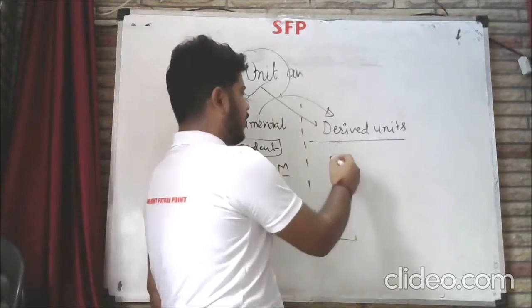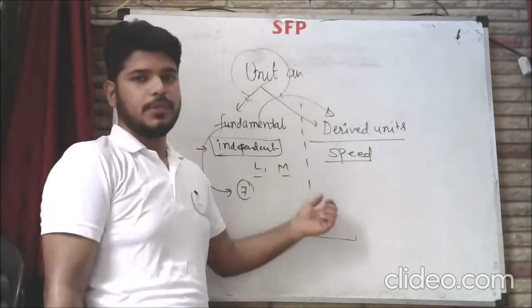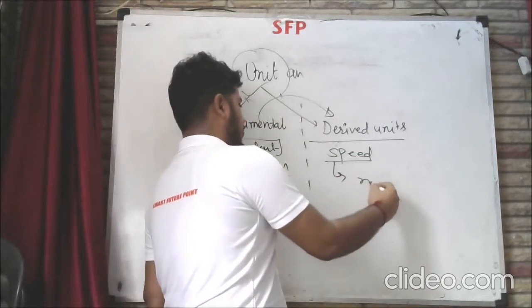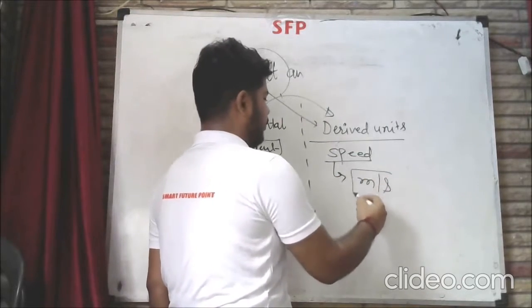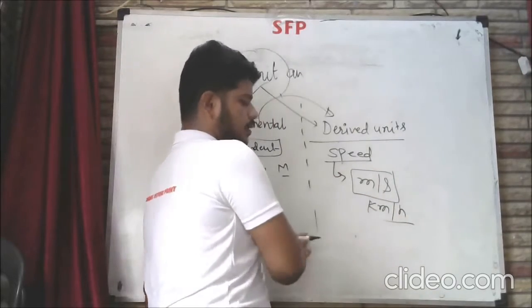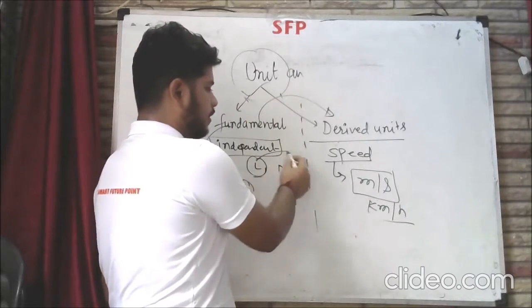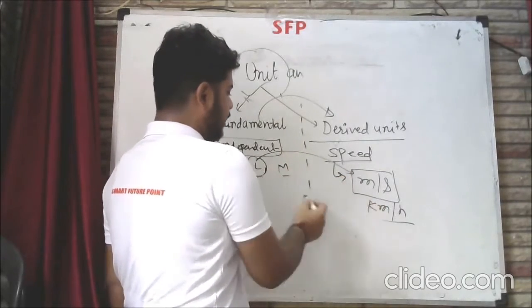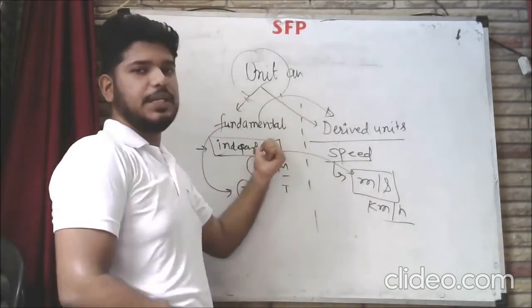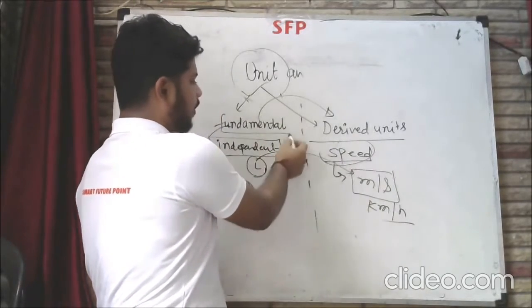For example, if I ask what is the unit of speed, you have studied in earlier classes, it's meter per second. It may be kilometer per hour. Meter is the unit of length, and second is the unit of time, which is an independent quantity.